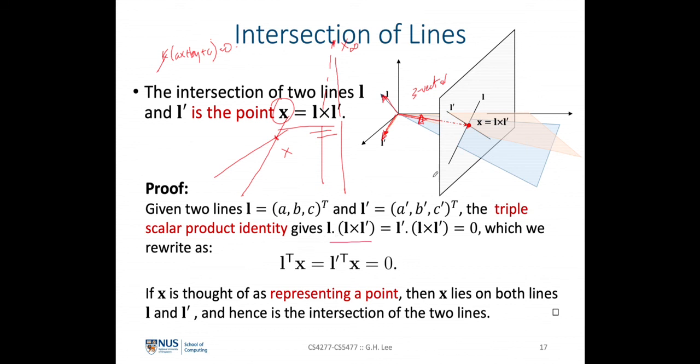The triple scalar product identity simply means that the dot product of the cross product of two lines with either line is going to be 0.